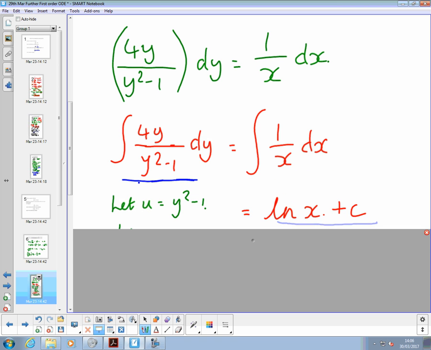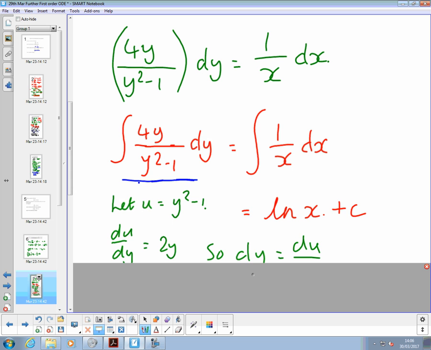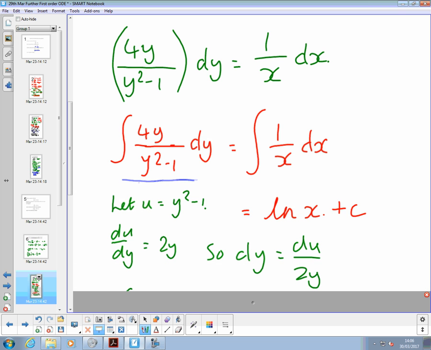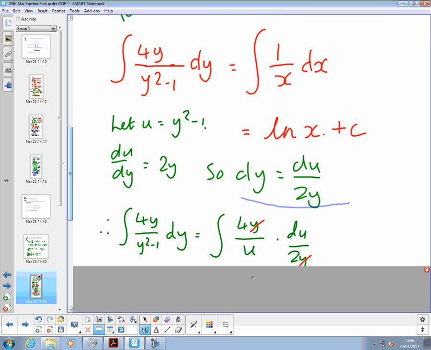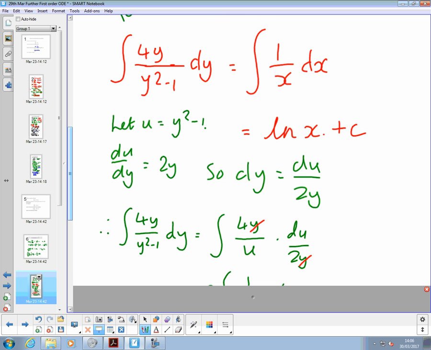So we go through the substitution process: let u equal y squared minus 1, and we differentiate and rearrange for dy. So dy is du by 2y. Then we can write that the integral we're trying to find is equal to the integral of 4y over u, and the dy is written as du over 2y from here.